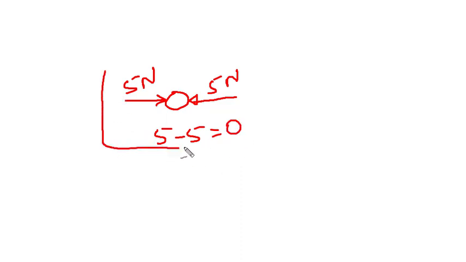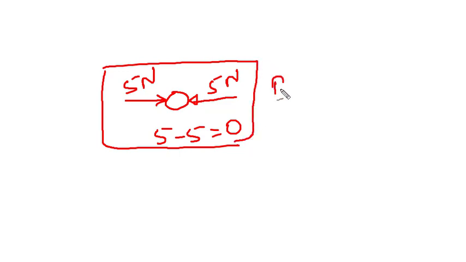Newton is the unit of force and 5 is the magnitude in this direction. So for example, this is the east direction, and there is another force opposite to it, which is also 5 Newton. So here you see the resultant force is 5 minus 5, which is 0.